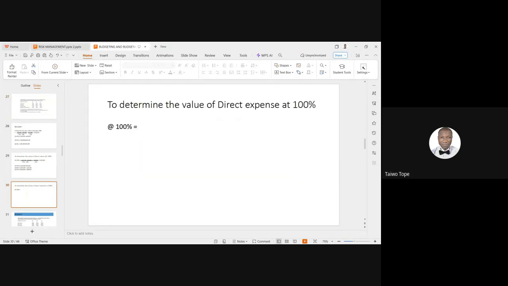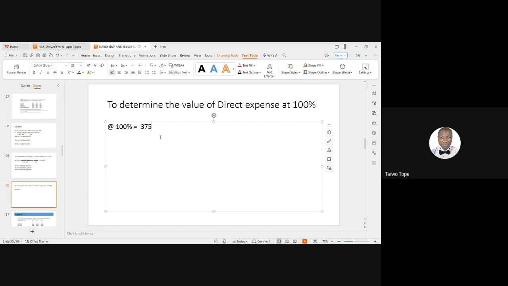So at 100%, from the question, it will be 375,000 less what? Less 150,000, divided by what?